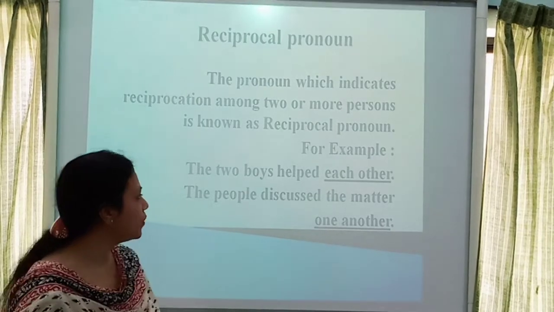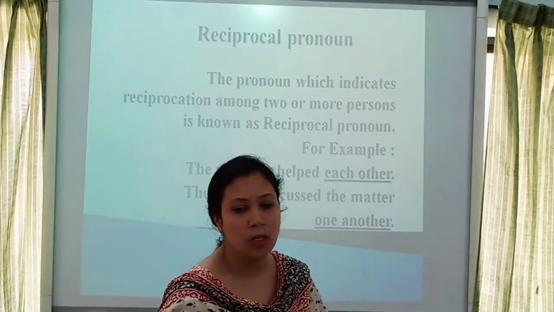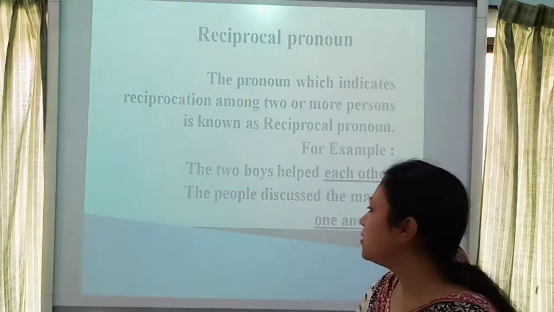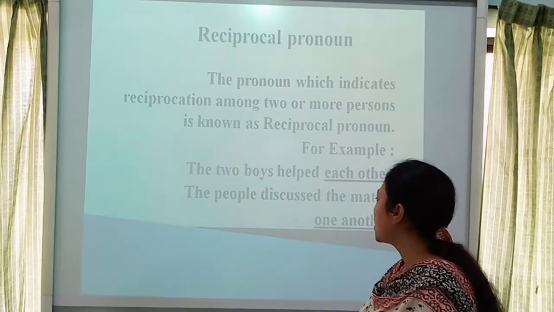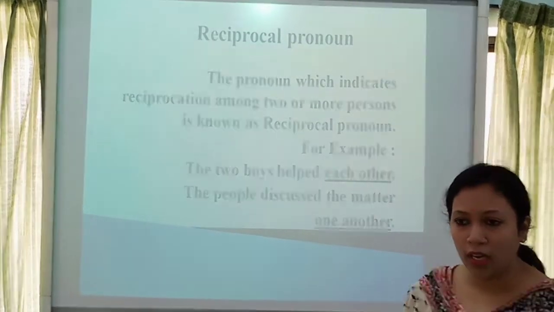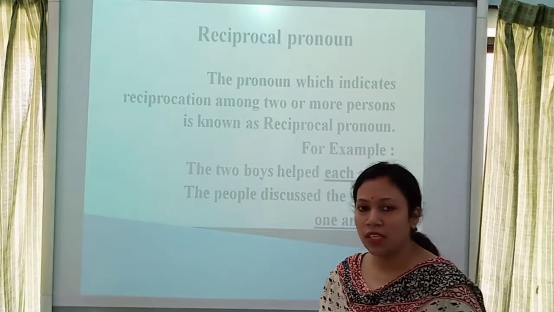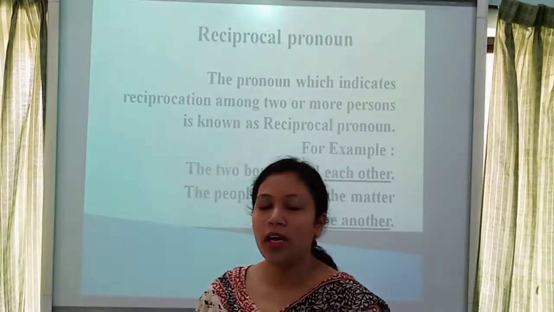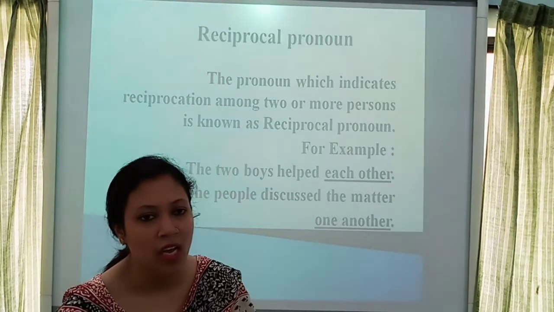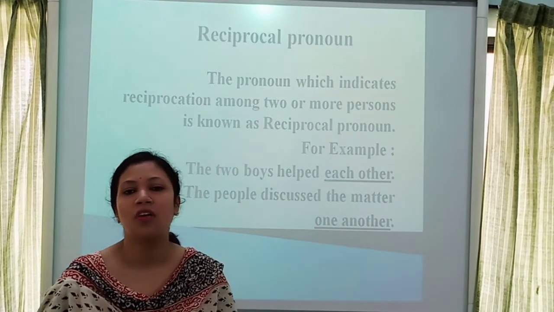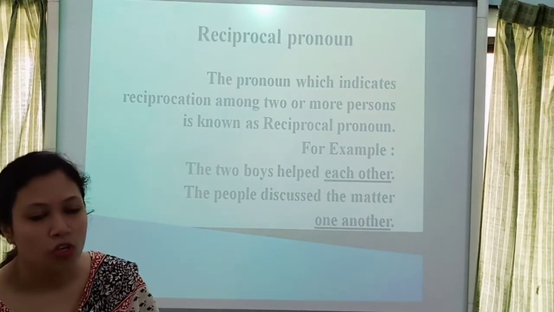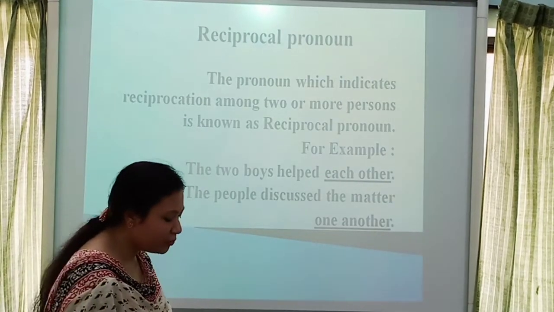For example, the people discussed the matter with one another. If any sentence has each other or one another, you understand it's a reciprocal pronoun. Student, I repeat it again.